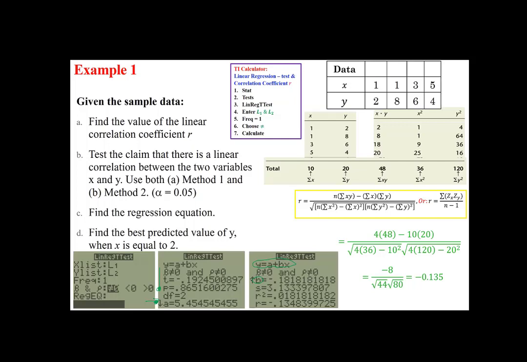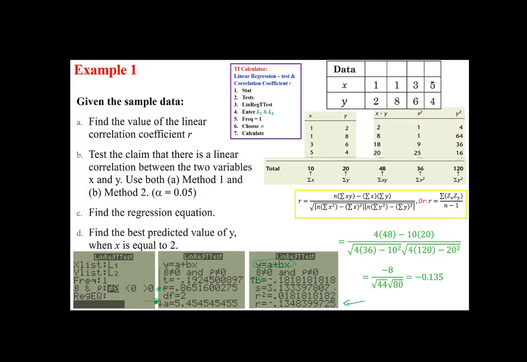So if you were to answer part A, you would see the r is here. r is negative 0.1348399. If you were to answer part B, you look at the p-value and you say there is no correlation.